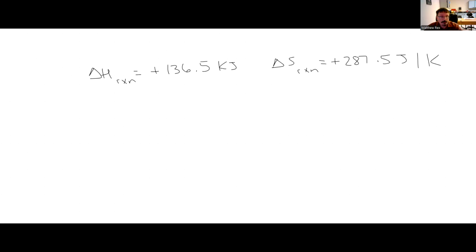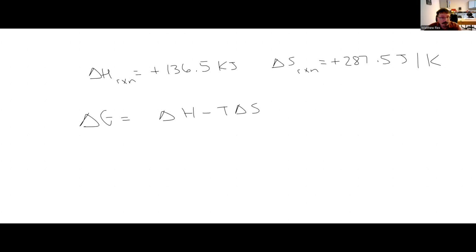We're looking at our Gibbs free energy, and they want us to know when it becomes non-spontaneous. So when does it go from negative to 0 and then to positive?